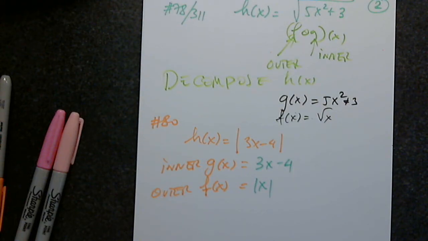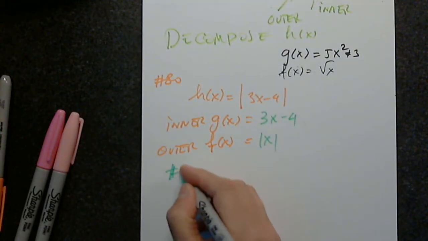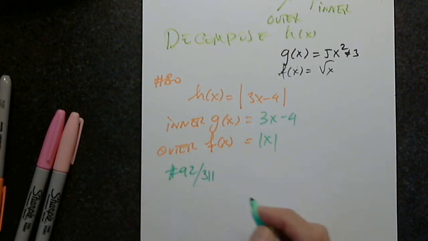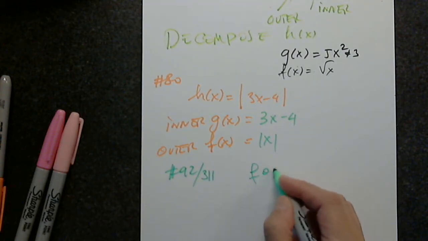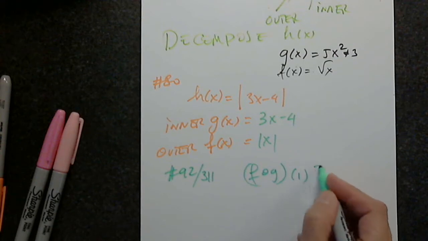I would like to look at a graph and answer a few questions from a graph. So let's take a look. Let me just copy the problem first. It's 92 on 311, and it's f comp g of 1.